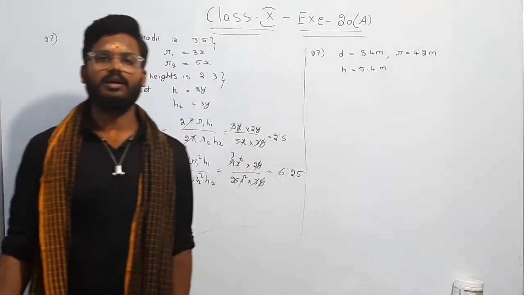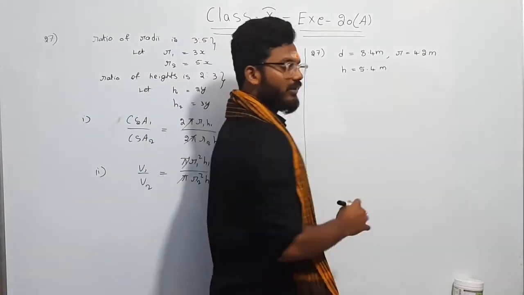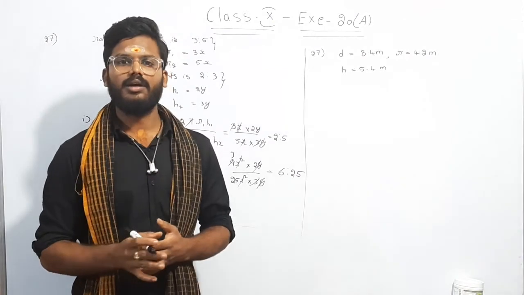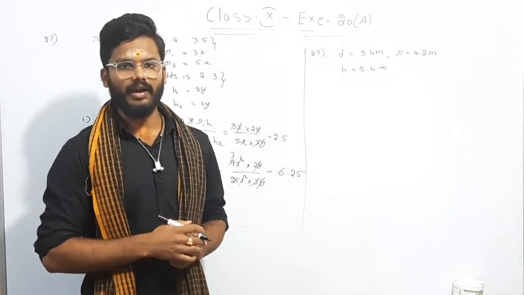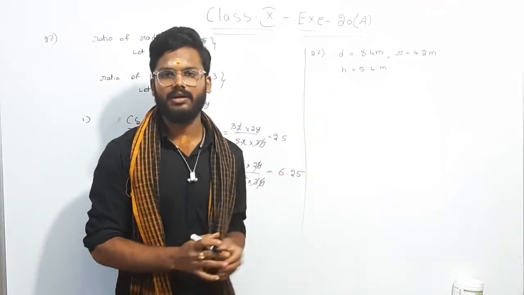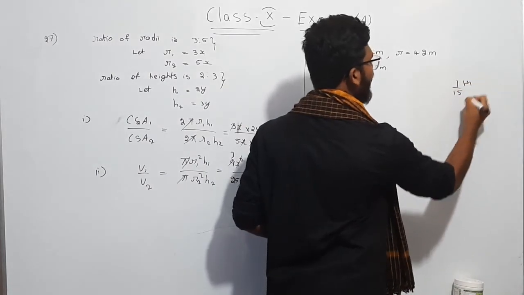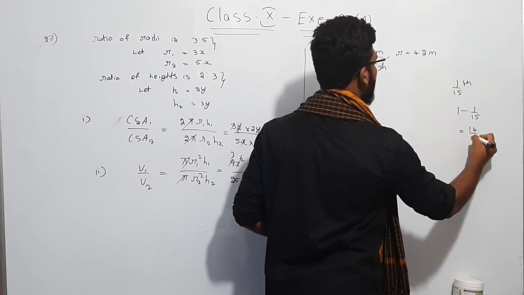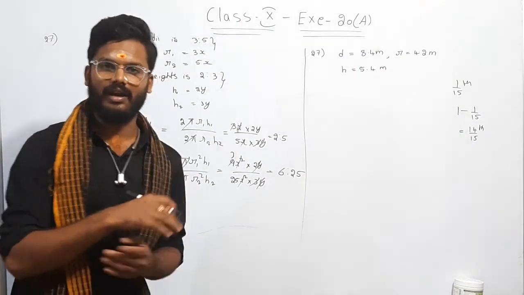And one more thing, height equal to 5.4 meters. Now see here, we can do one thing. They gave that in order to make this cylinder 1 by 15th of the metal sheet is wasted, right? So how much is used in making this cylinder? 1 by 15th is wasted. So remaining from 1, if you find the remaining part, 14 by 15th is used in making the cylindrical tank.